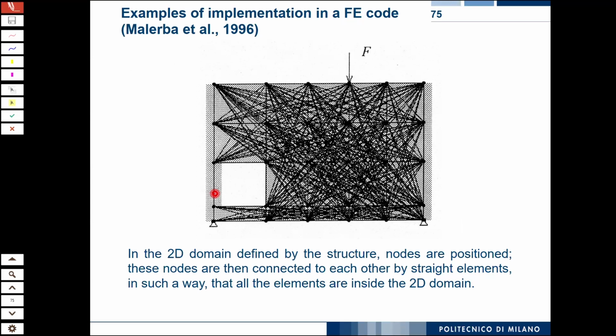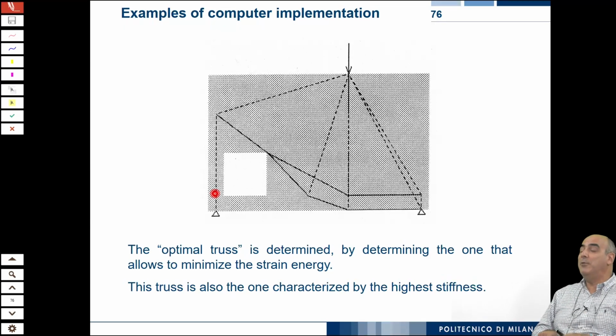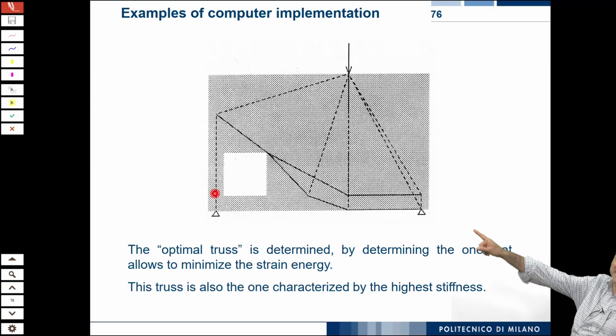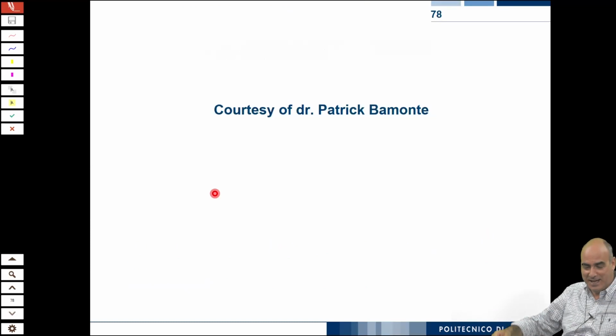They simply discretized their domain and randomly connected to identify all the possibilities, and through a Monte Carlo simulation, they identified the one with the least associated cost. Nowadays it's very common in 3D printing that you print the material according to topology. But the funny thing is that this strut and tie mechanism which comes out from fuzzy logic is not much different from the one that we have seen designed before.